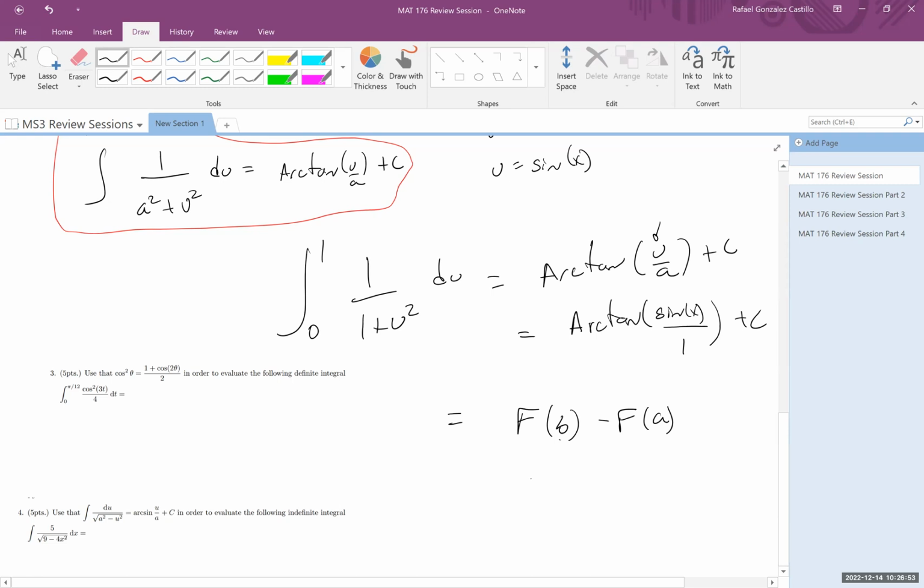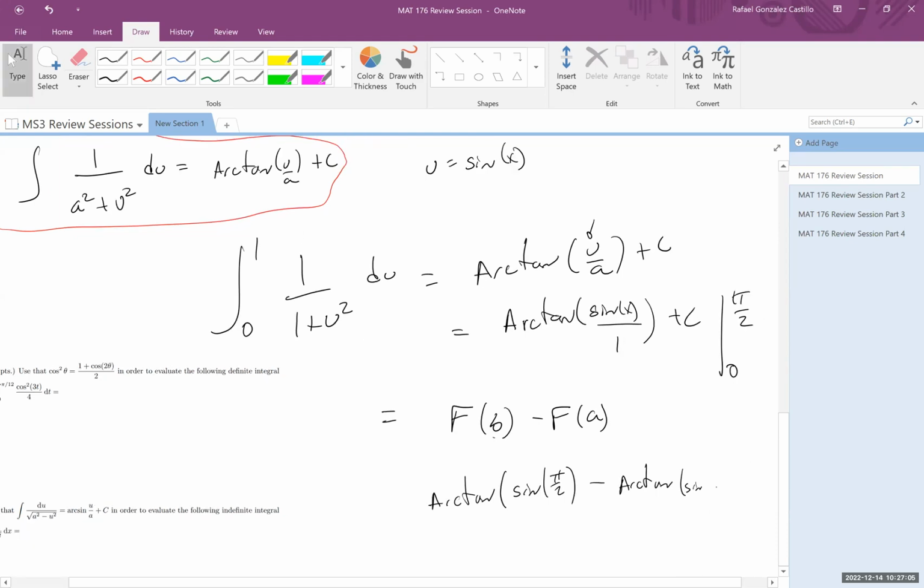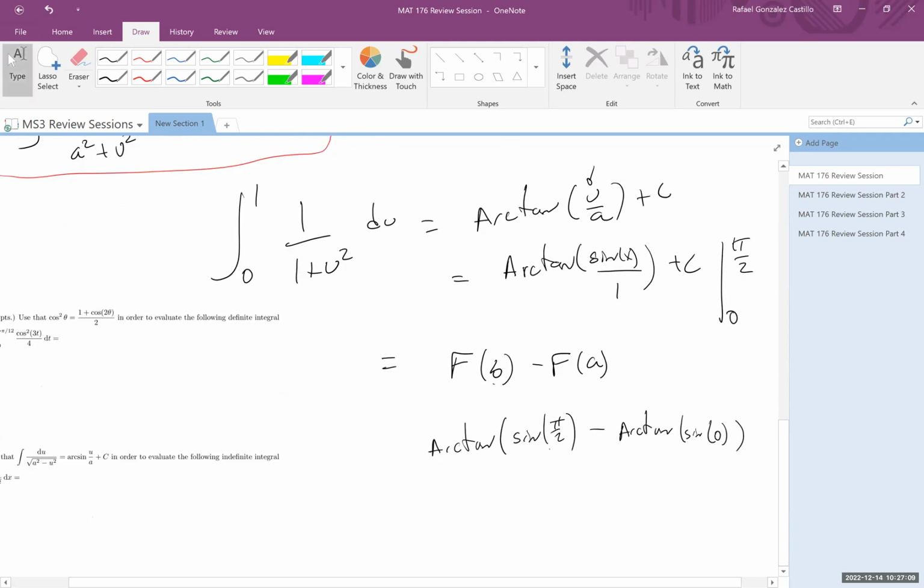So we get arctangent of sine of pi over 2 minus arctangent of sine of 0. Sine of pi over 2 we know is 1. We actually calculated that earlier. So we get arctangent of 1 minus arctangent of 0.